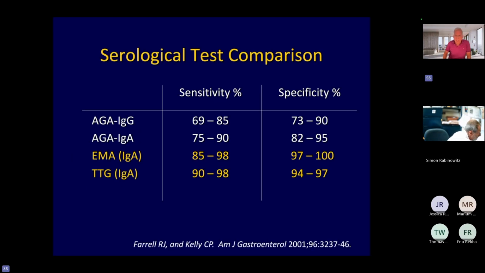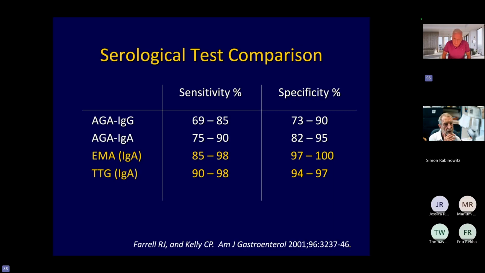If we look at the serological test comparison, when Dr. Rabinowitz and I were training, when we first started looking at this, the only thing we had was anti-gliadin antibodies, IgG and IgA. These had sensitivity and specificity and still do. I do not recommend getting anti-gliadin antibodies, except in unique cases.